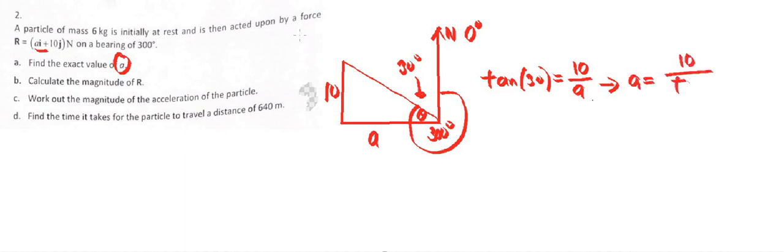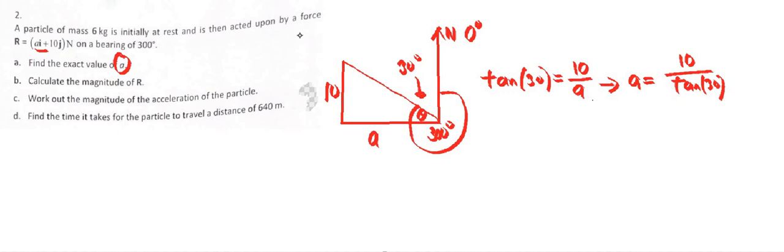Okay, now remember, if that's my angle, this is the opposite side, that's the adjacent side. So I'm going to use tan of 30 equals 10 over A. Okay, it's just simple trigonometry. I'm going to rearrange that so that A is equal to 10 over tan of 30.